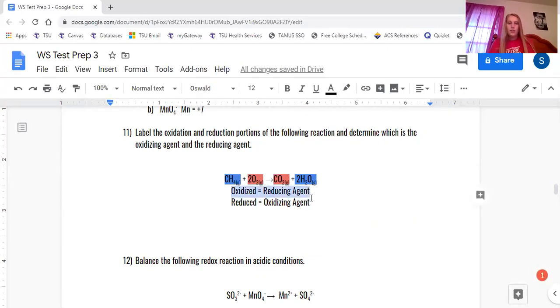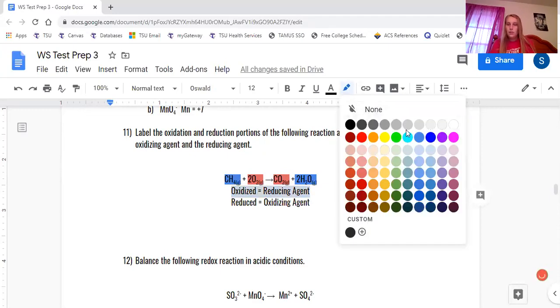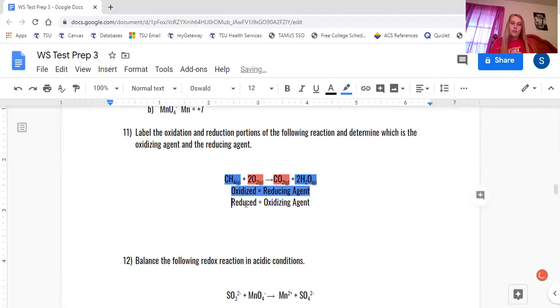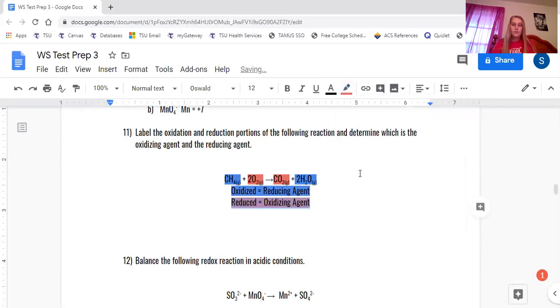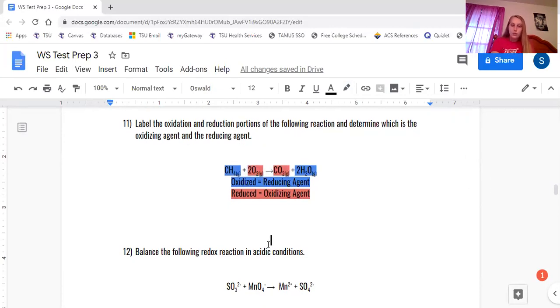Go ahead and color code those for you as well. So yes, if you took these and separated them out, your CH4, then your arrow to your 2H2O, that would be the oxidation portion of the reaction, and your reduction part would just be this center thing right here. So cool.